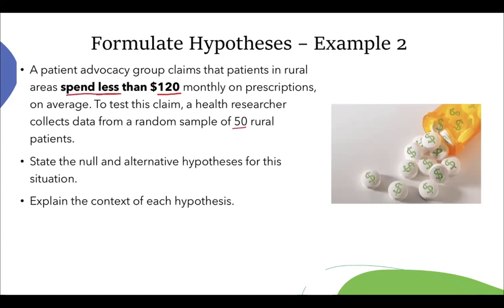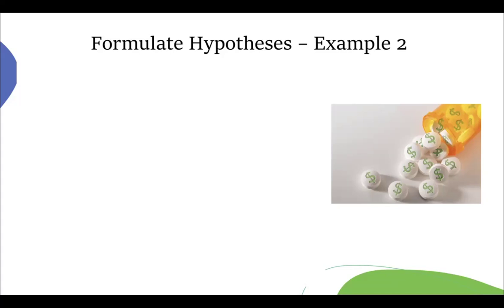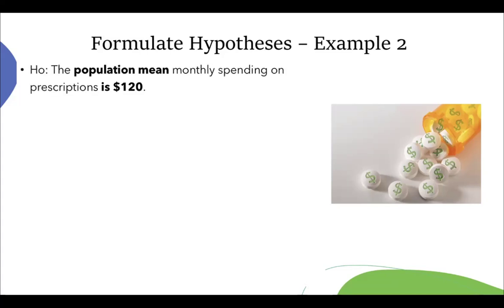Okay, so this information that I'm underlining here is going to help us with our counterclaim, but our null hypothesis is going to state that patients don't spend any less than 120. So the null hypothesis, the population mean monthly spent on prescriptions is 120.